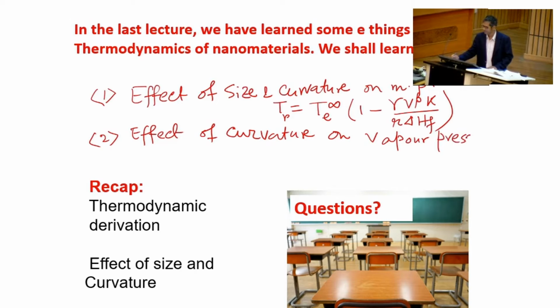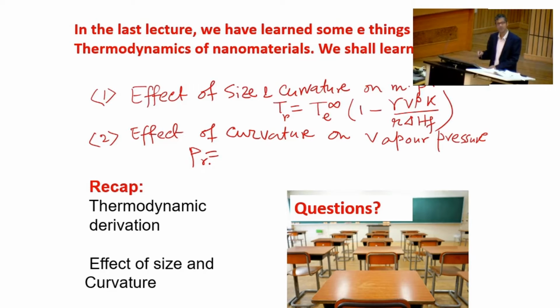Every element at atmospheric pressure is in equilibrium with its vapor pressure. That's liquid and solid, right? It doesn't matter what the temperature is, there is equilibrium between these two, that's why they're stable. Now this vapor pressure is also a function of size, so we derived a relationship for P of r.